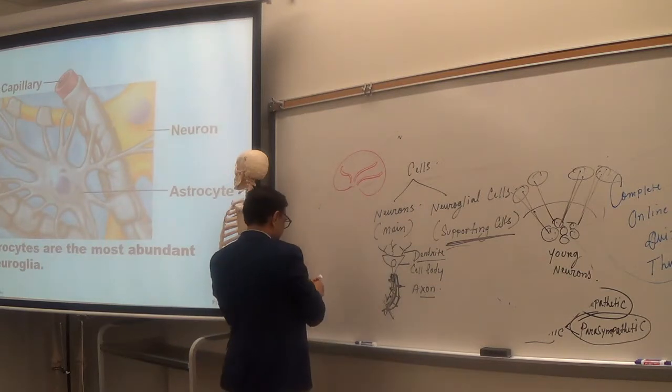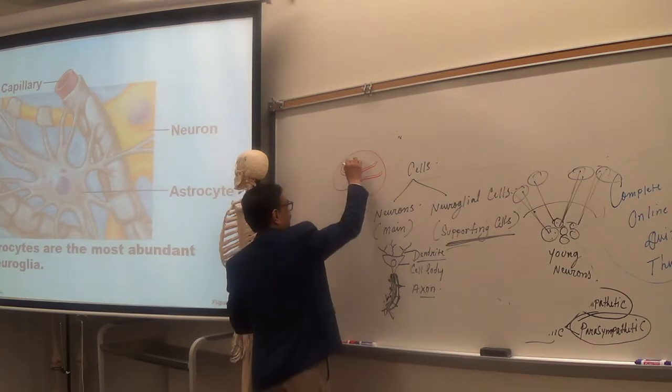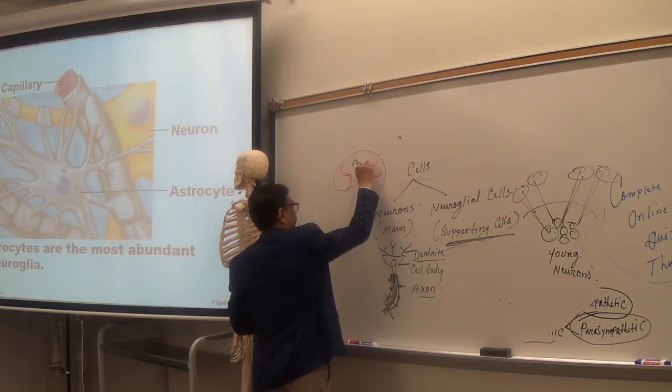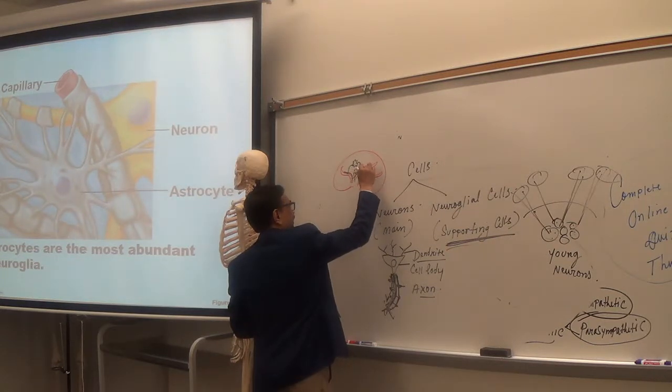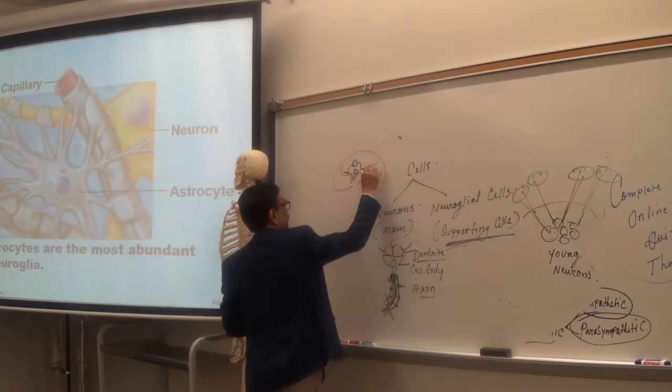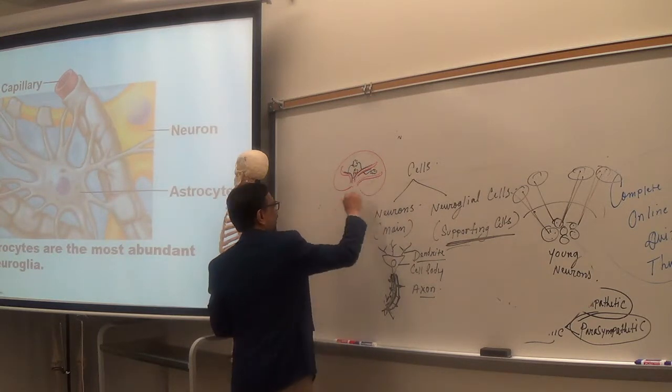This is the astrocyte, and the astrocyte sends a process like this, and these footstep-like processes cover the outer surface of the capillary. This is another astrocyte, it sends a process, and that covers the outer layer of the capillary like this.